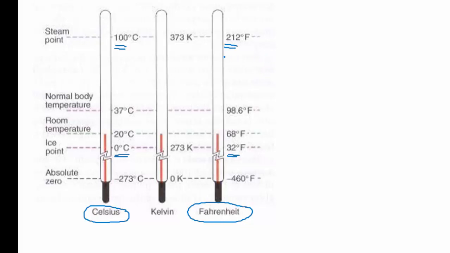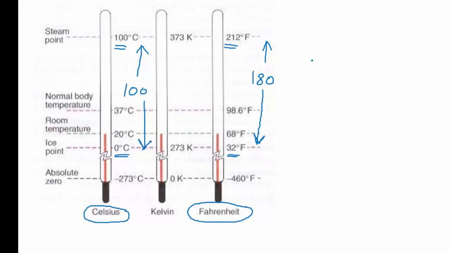So here, if you notice in terms of increments, we have 100 increments between the freezing point and the boiling point of water in the Celsius scale, while we have 180 increments for the same interval in Fahrenheit.